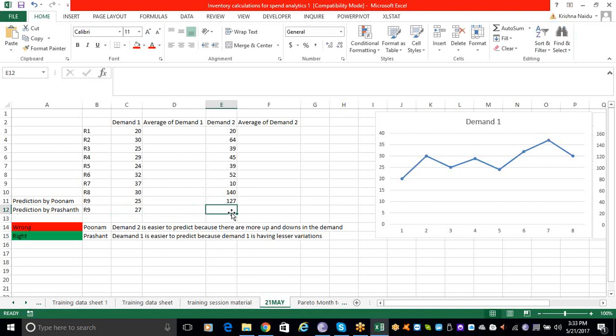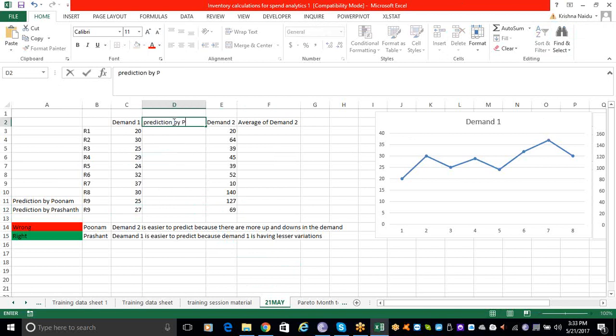Okay. So I want to ask on what basis these predictions are made. Now I'll take the number that Poonam has told and what Prashant has told, and I'll put them into the graph.